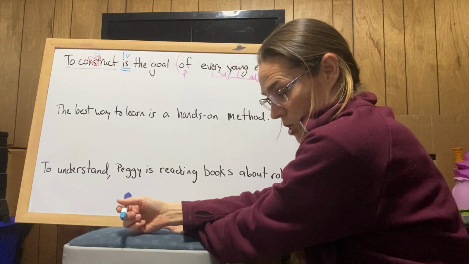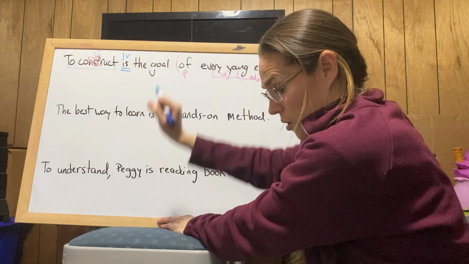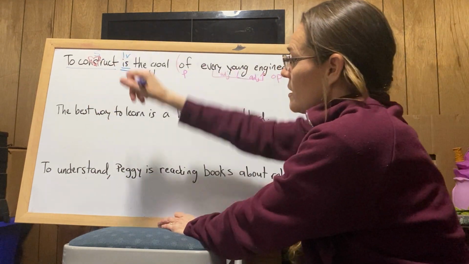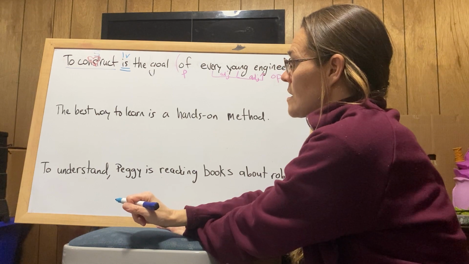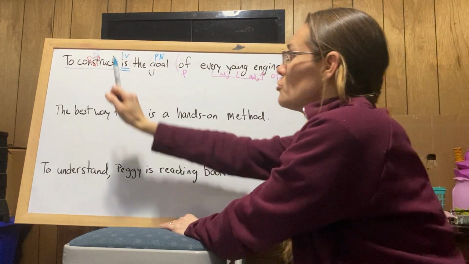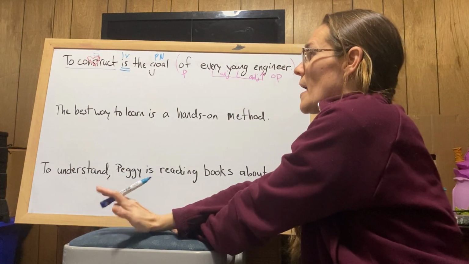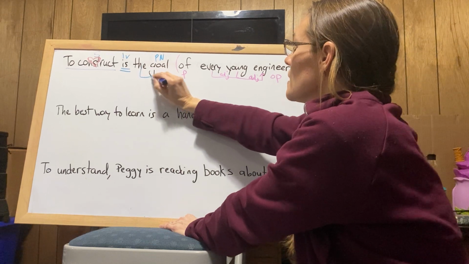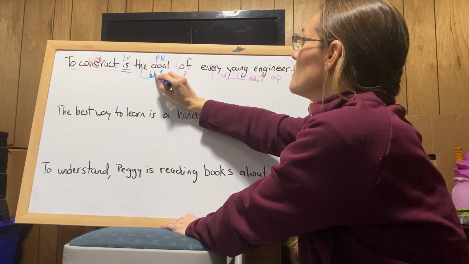Is is our linking verb. So now we have goal. Goal is renaming or describing the subject. Renaming. So this is our predicate nominative. So you should be able to say to construct equals goal. That is the goal, is to construct. The is an article. It's an adjective.